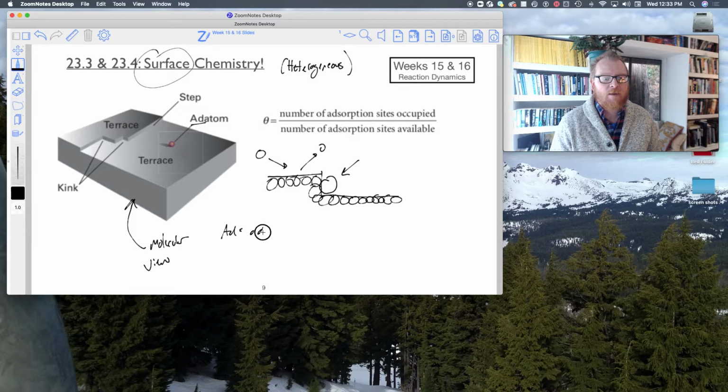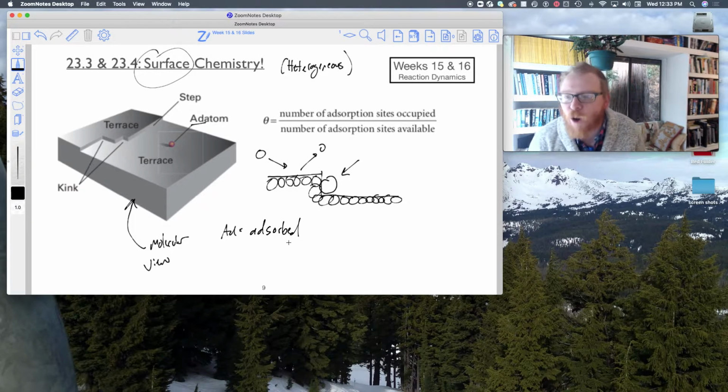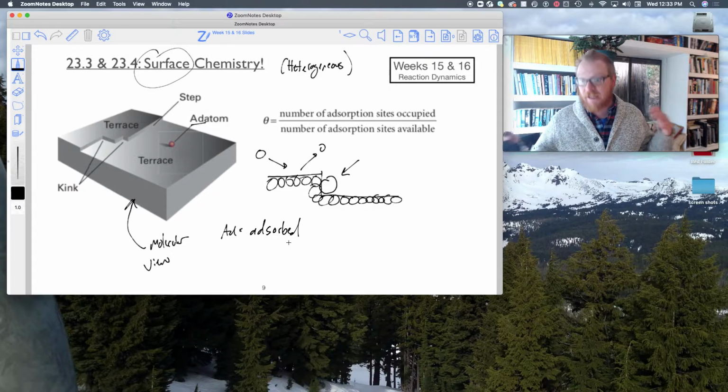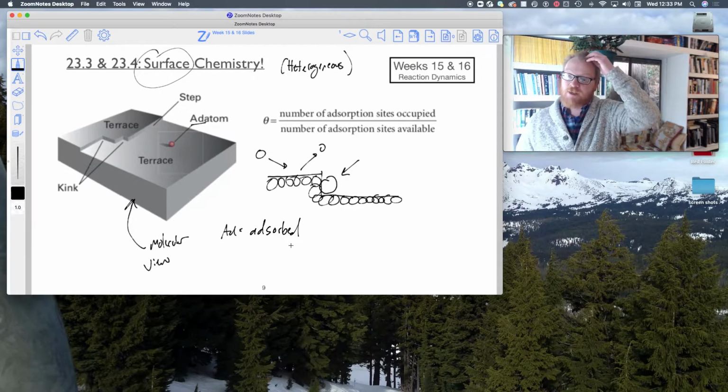It's tempting to use the word absorbed like a sponge absorbs water, but we use absorb for photophysics, like absorbance in spectroscopy. So adsorbed means a molecule has stuck to the surface, okay?